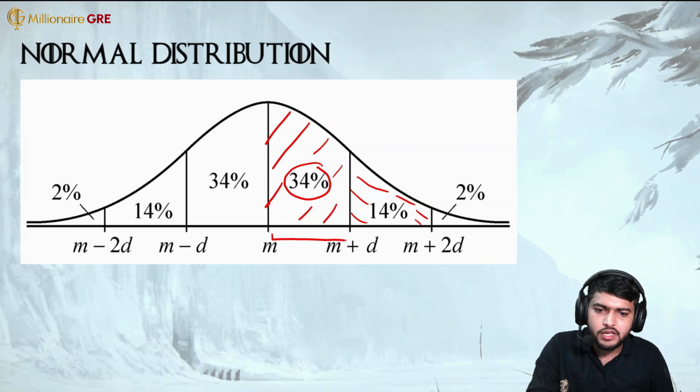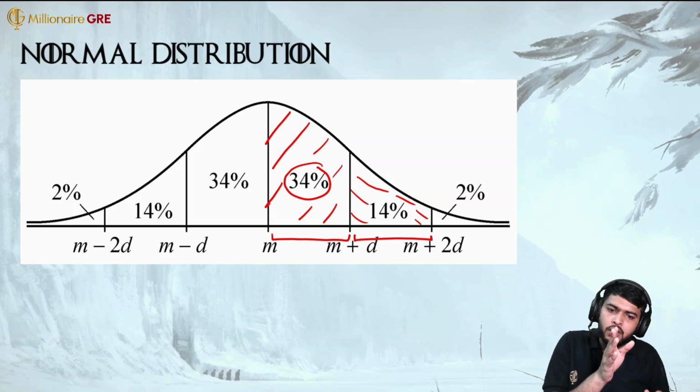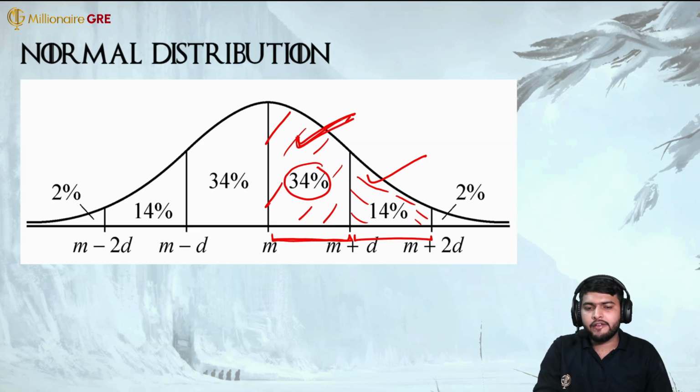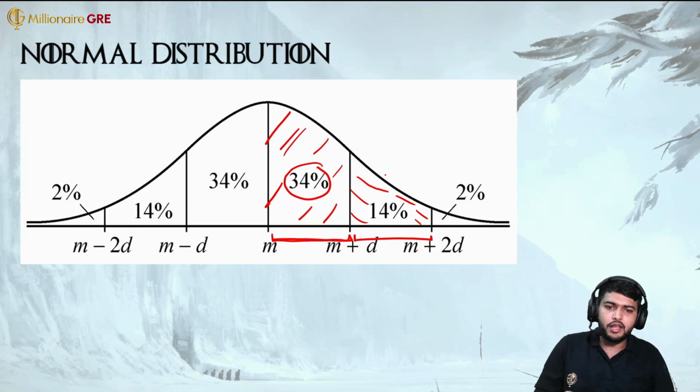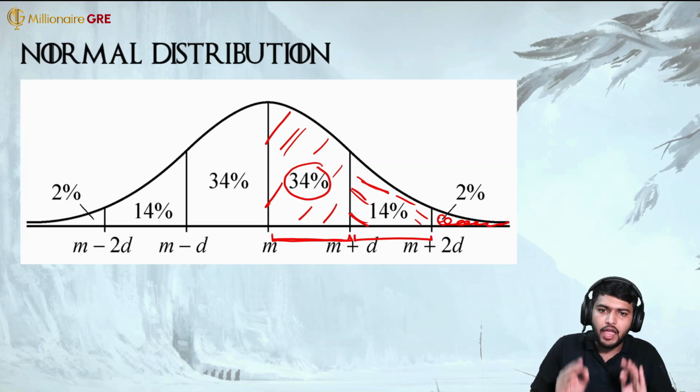You might notice that these two distances are the same. The distance between M and M plus D, and between M plus D and M plus 2D, these two lengths are the same. But here there is some additional area. Hence, this area should be greater than this area. And if we were to exactly find out, this area will be exactly 34% of the total area. This area is 14% of the total area. Similarly, this area will be 2% of the total area under the curve. These percent values also represent the area under the curve.